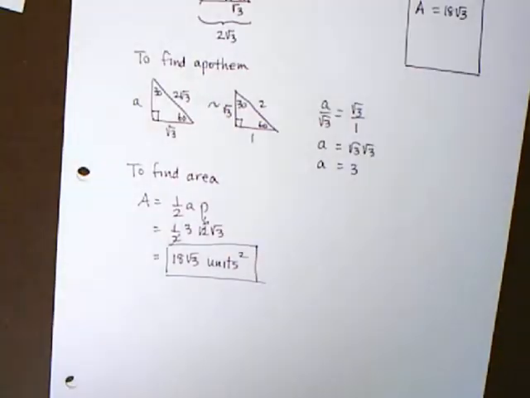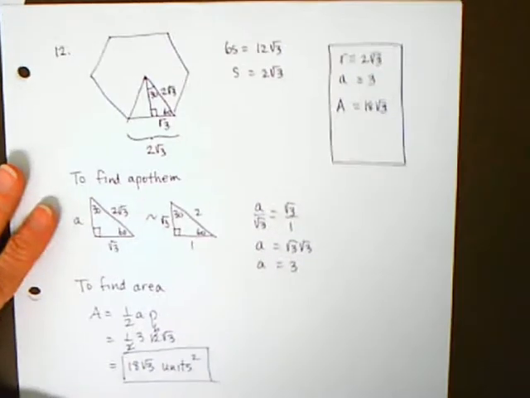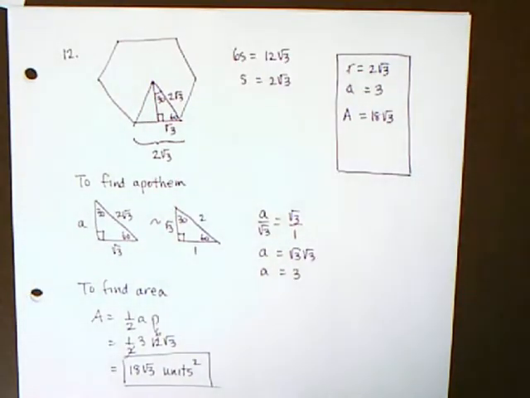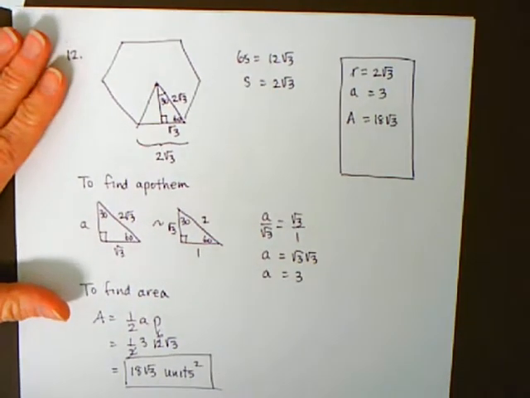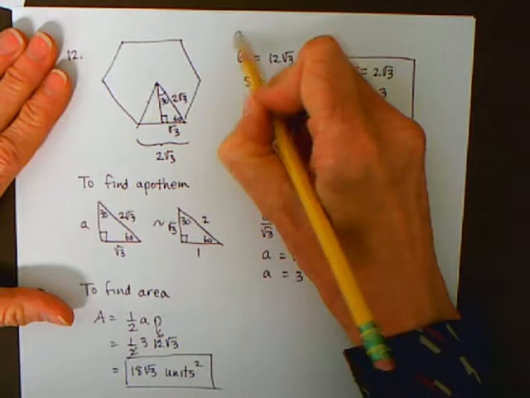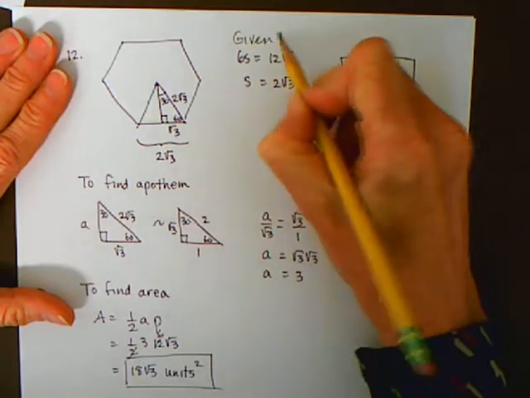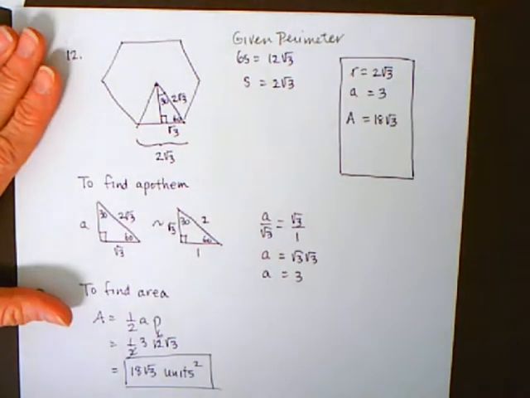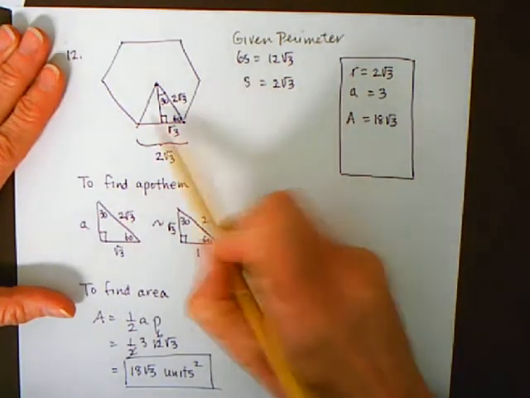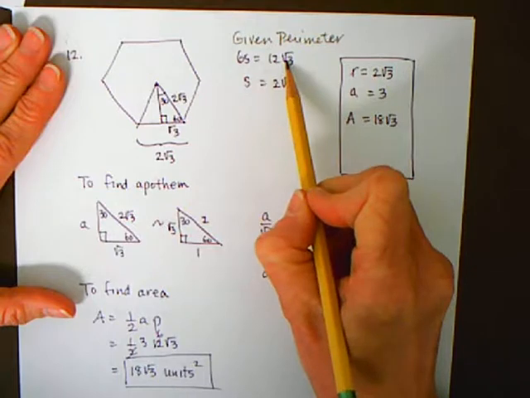For number 12, you know that the perimeter is 12 radical 3. All right, so what's given is the perimeter. To figure out the side, I know that there's 6 sides, so 6s has to equal 12 radical 3.